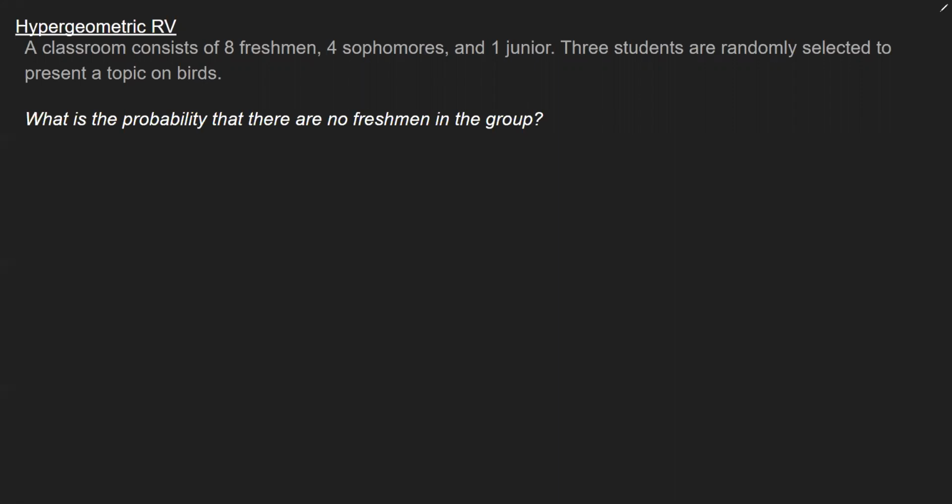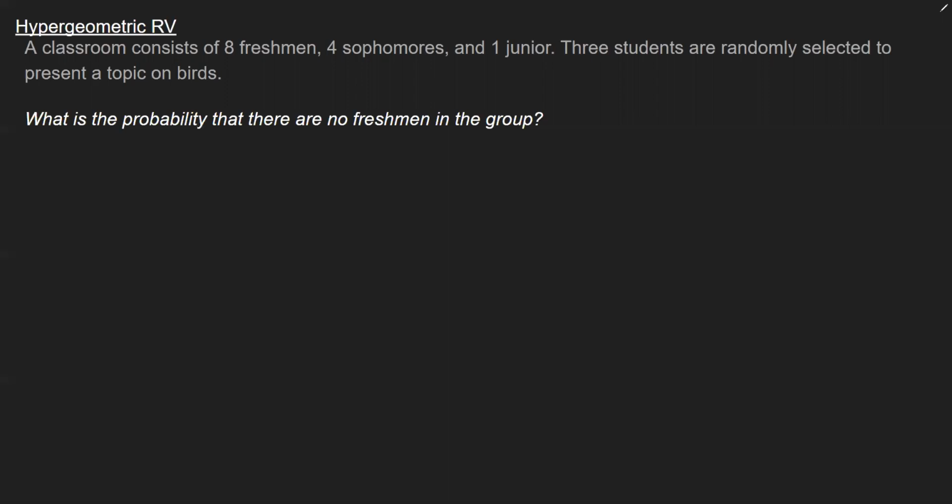So how do we recognize hypergeometric? Well, first, it has some components that are not too different from the binomial. So the binomial, you've got a checklist, a criteria that allows you to identify whether or not it in fact is a binomial random variable.